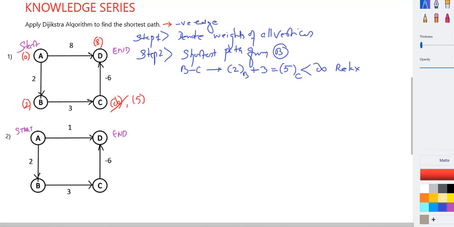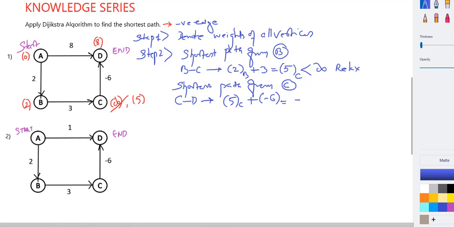Now next we will consider the path from C to D. So what is the next shortest path? The shortest path from C, so we consider CD. What is CD? C is 5, plus the link cost is minus 6.